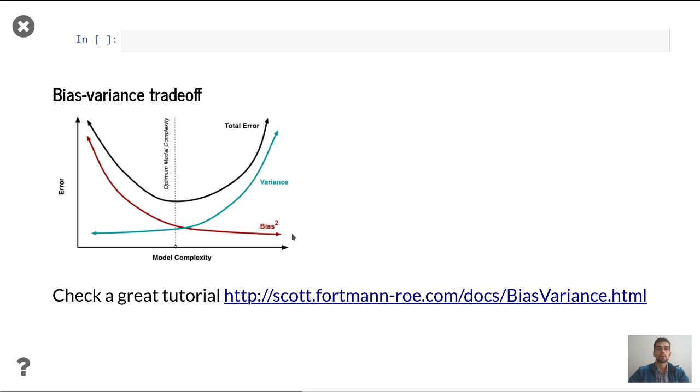We started with a very complex model with n neighbors equal to 1, so we were here somewhere. Then we jump here, here, and here at the end. So this is the last model with n neighbors equal to 100 or 300. It's somewhere here.